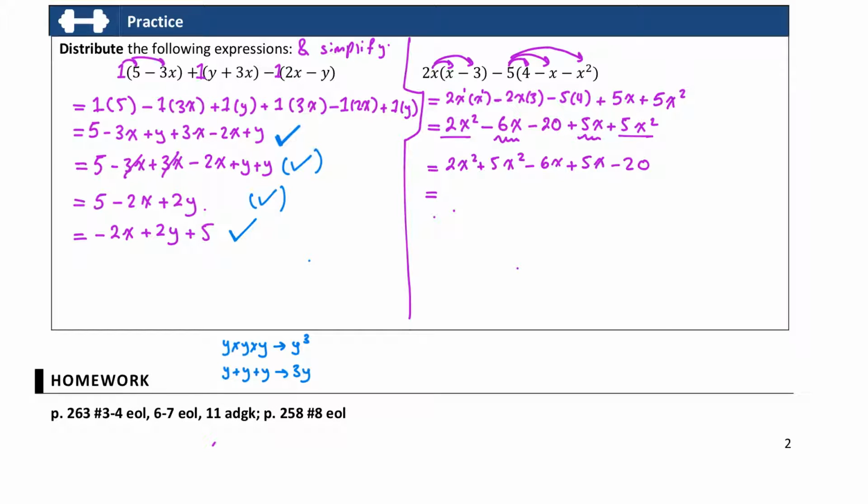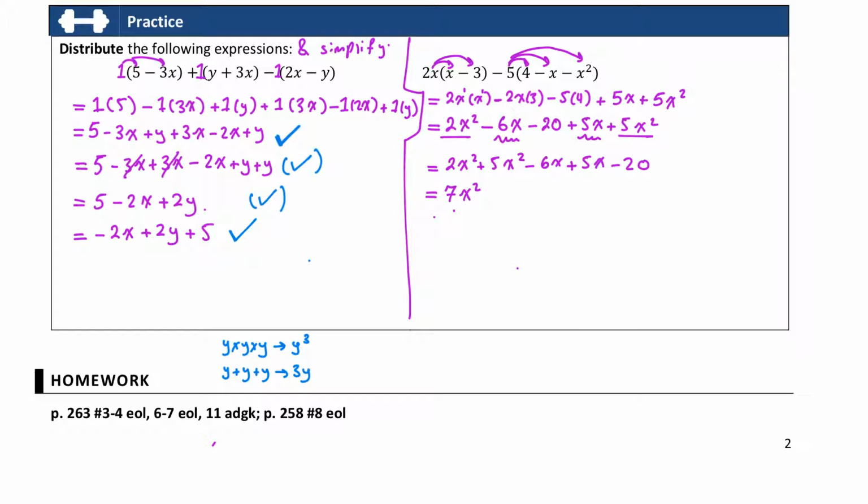I will start adding things together. 2x squared plus 5x squared, that's like having 2 apples plus 5 apples, and that gives me a total of 7 apples.